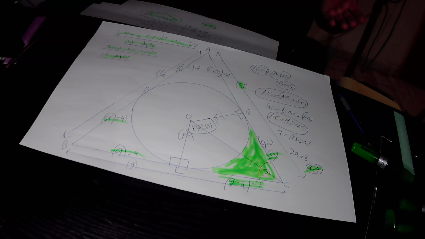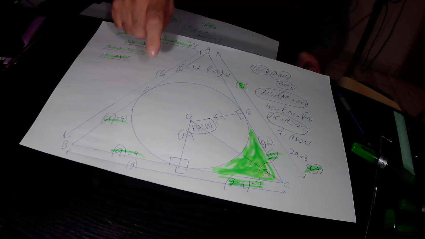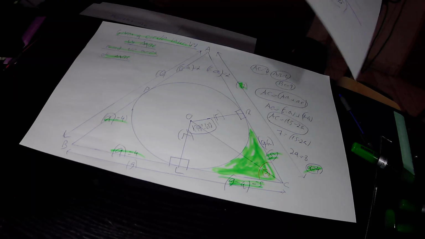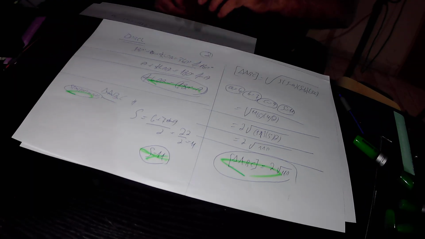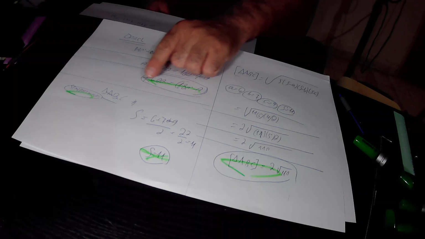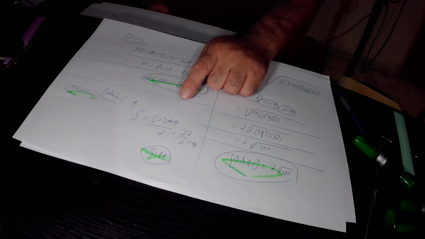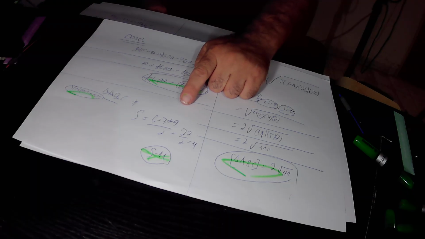So in total, the perimeter equals 6 plus 9 plus 7, and the semi-perimeter is the perimeter over 2.